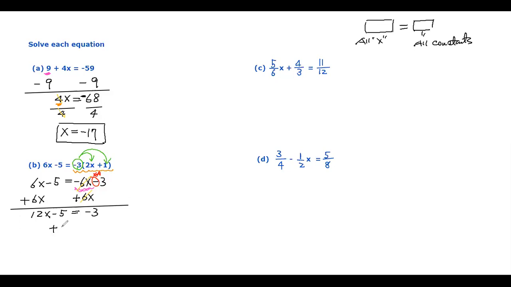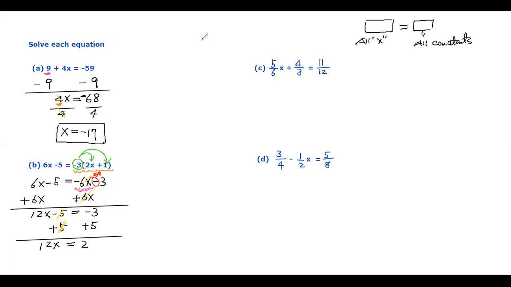And now I need to move the 5 on the right-hand side. So what I need to do here is add plus 5, correct? All right, so I add 5, and then what I have here is a 12x, and here the -5 and +5 cancel. Okay, so now here -3 and the +5 is what?